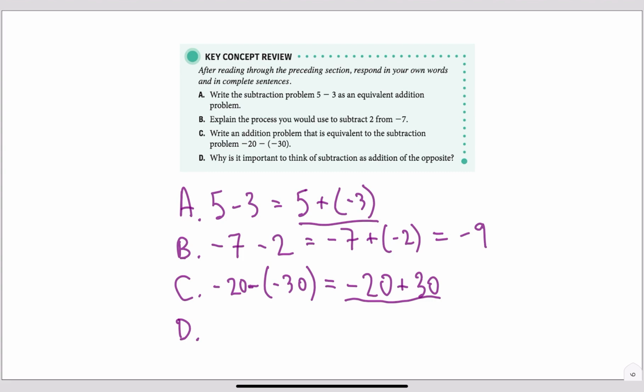D, why is it important to think of subtraction as addition of the opposite? Well, I would say it's for a couple of reasons. One is it can make problems much easier to actually work on. And the other reason is because addition and subtraction are opposite operations of each other. They're inverse operations that undo each other, right?